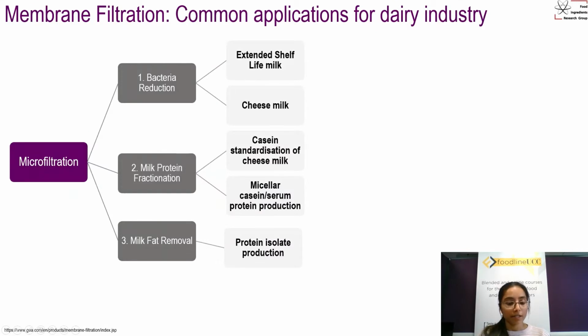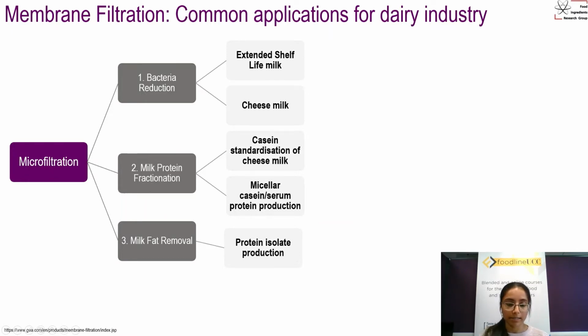So here are some of the common applications of MF technology. We can largely classify them in three categories. The first is bacterial reduction, for example, for extending the shelf life of milk or cheese milk. Second is milk protein fractionation, used for separating milk into micellar casein and serum proteins.